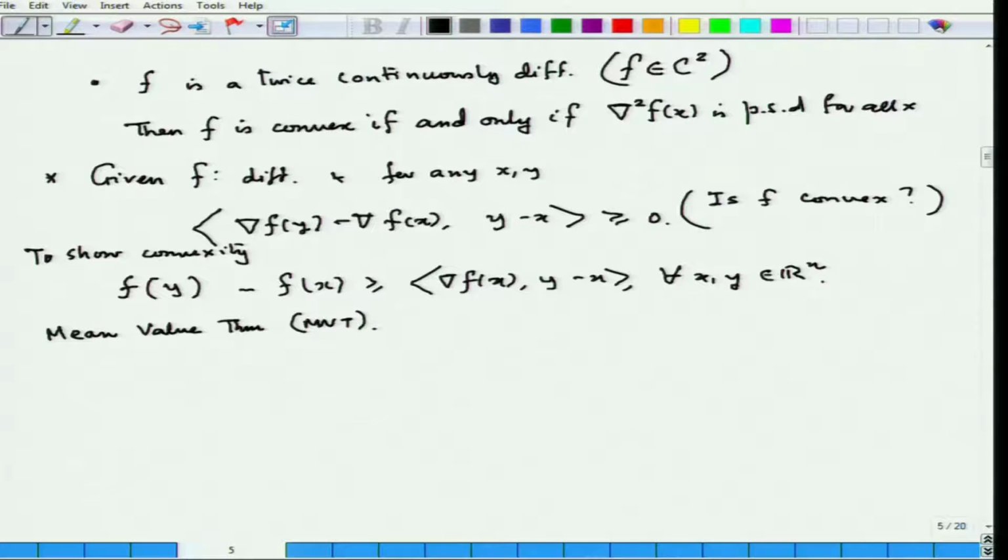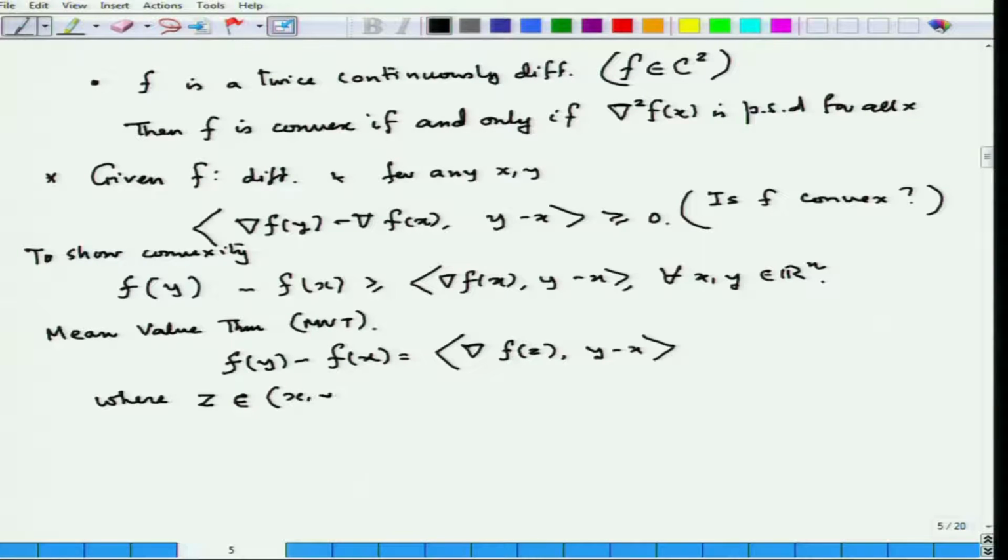Now, what does the MVT do? If you remember, for functions from Rn to R, the MVT is where z is an element of the open line segment between x and y, that is, z is written as x plus lambda times y minus x, where lambda is strictly between 0 and 1.